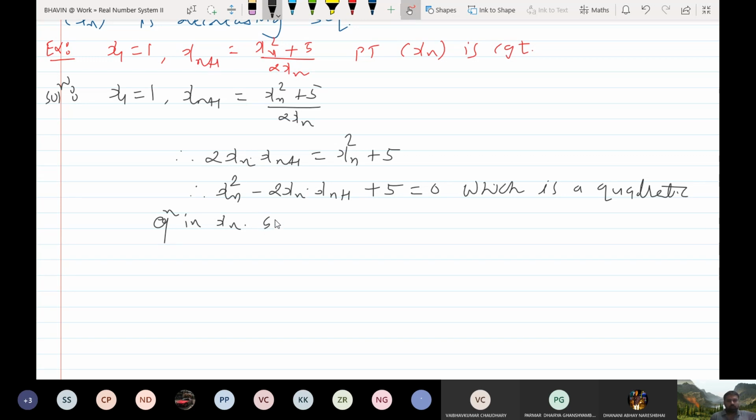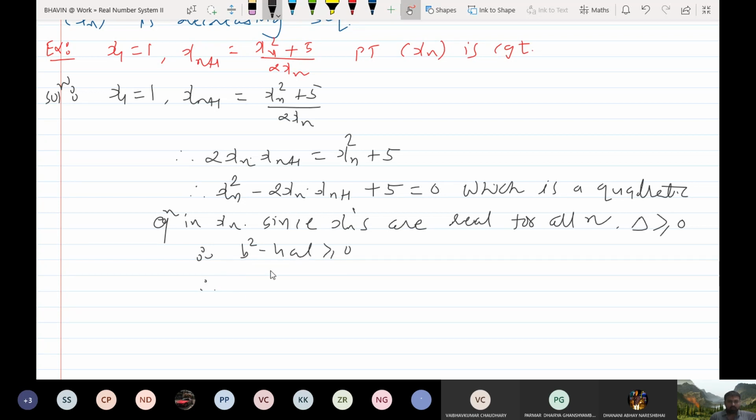Okay, since xn is real, delta should be greater than or equal to 0. Therefore b square minus 4ac is greater than or equal to 0.